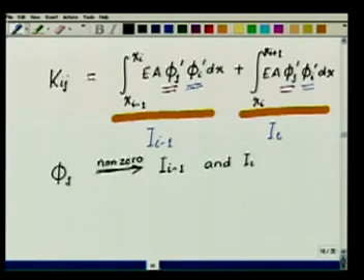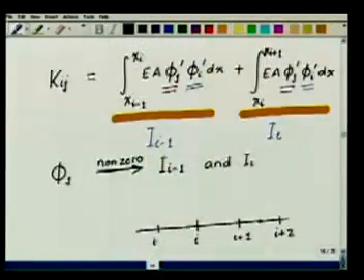Again, let us draw the picture that we had made earlier. So here is my node I, here is node I plus 1, here is node I plus 2, here is node I minus 1, and here is node I minus 2.